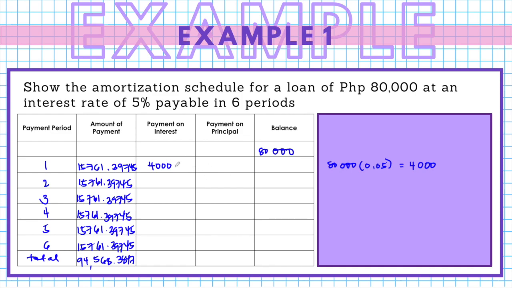But now to figure out how much of the payment was included in paying the principal amount, we just need to subtract 15,761.39745 minus 4,000 pesos, which is equal to 11,761.3975.